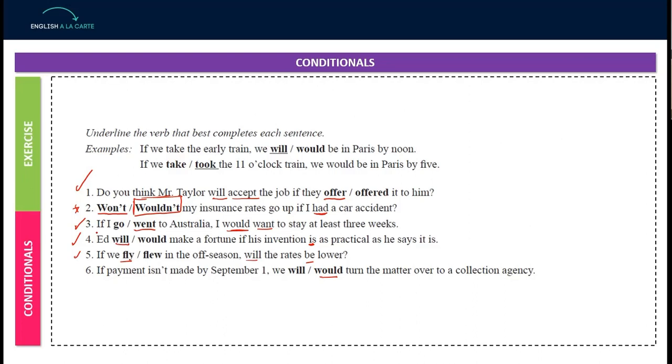Number six, if payment isn't made by September 1st, we will turn the matter over to a collection agency. Why will? Because you have made. Made is the past, or the verb isn't.